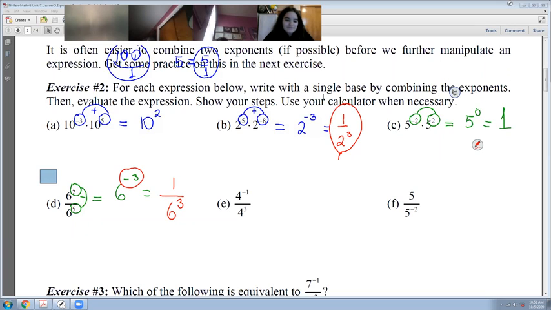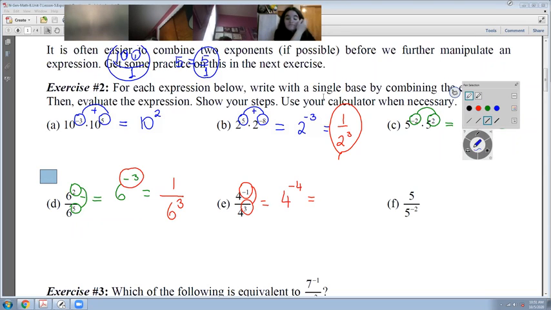Italia! Is Italia here? Yeah. Italia, division turns into subtraction, right? Exponent division is not division, it turns into subtraction. Awesome, Italia. 4 to the power of negative 1 minus 3 is negative 4. Italia, one more question.